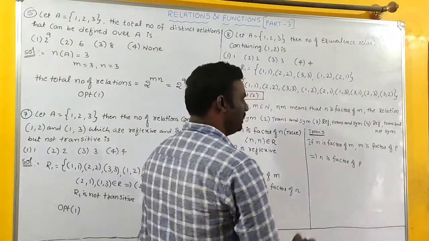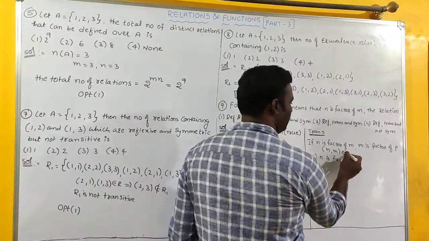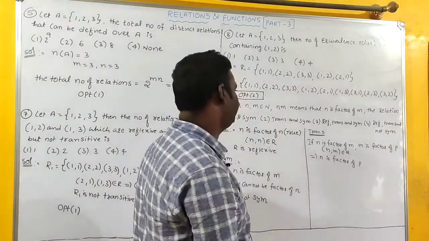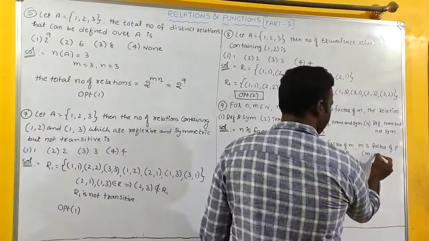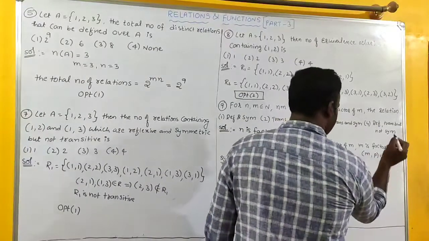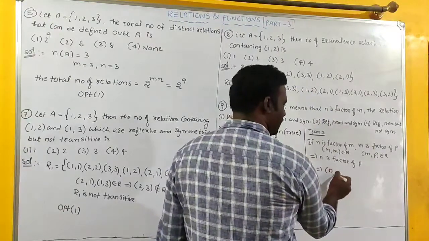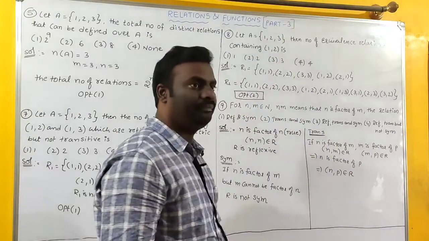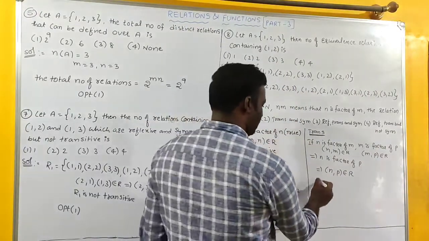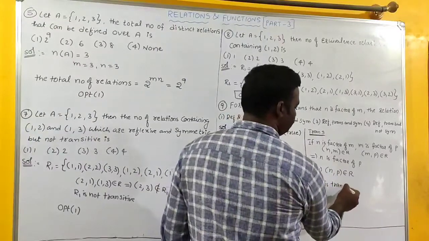What is the meaning? (n, m) belongs to R. Next, (m, p) belongs to R. That implies (n, p) also belongs to R. Then R is transitive.